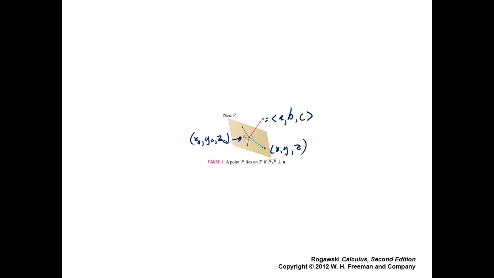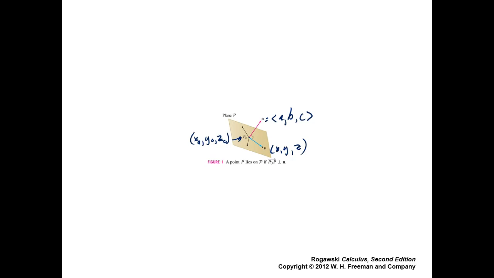We're told the components of that vector, that's a vector, these are points, are A, B, C. Now, the next thing is the vector P0P. If you remember how we named the vector between two points, it was x minus x0, comma, y minus y0, comma, z minus z0. Those are the components of the vector P0P.